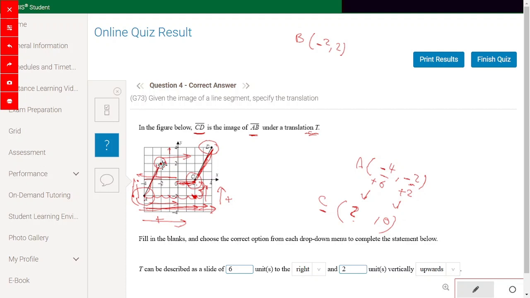Now, to go to point D, I have to move to the right 1, 2, 3, 4, 5, 6. I have to move also 6 units. And because I'm moving to the right, it's plus. So minus 2 plus 6 is 4.